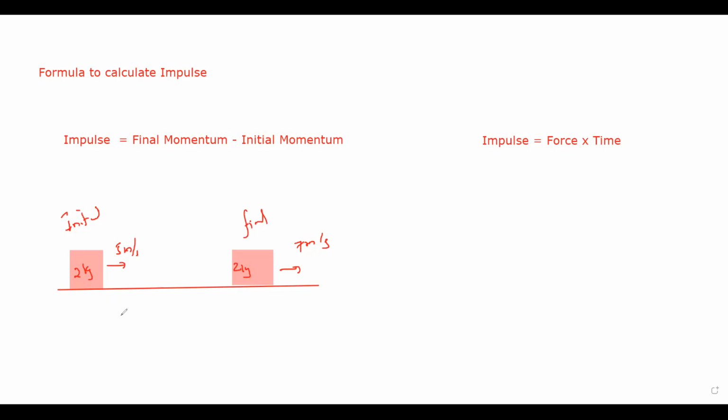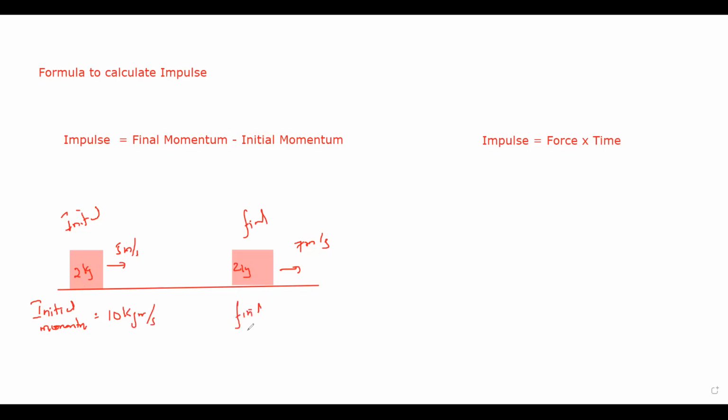When the speeds are given, the object has a mass of 2 kilogram moving with a speed of 5, so the initial momentum will be 5 multiplied by 2, that's equal to 10 kilogram meter per second.